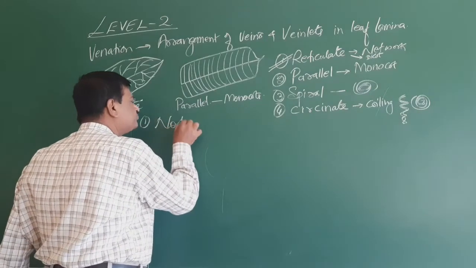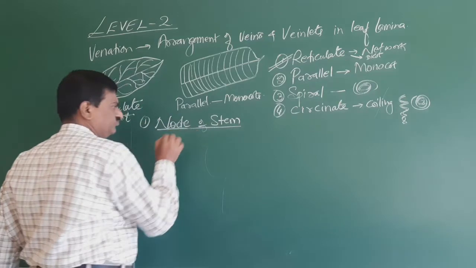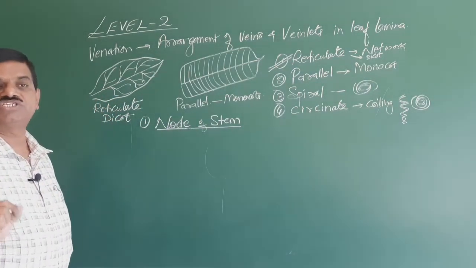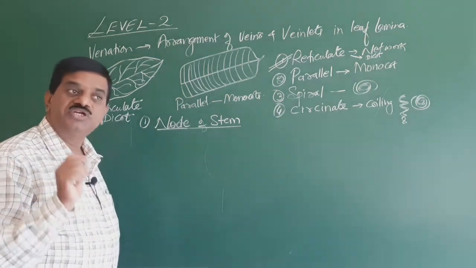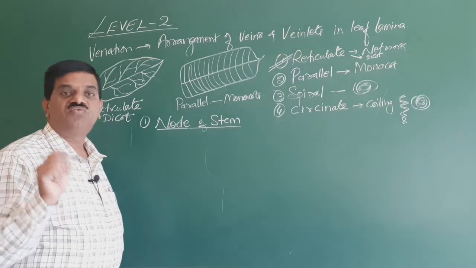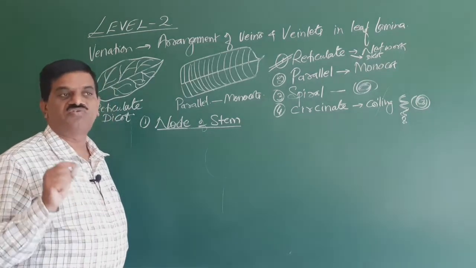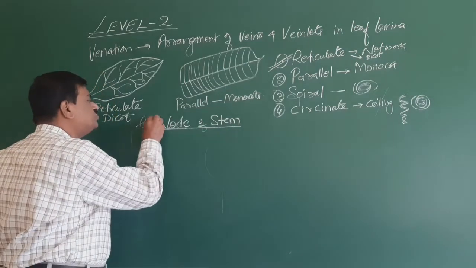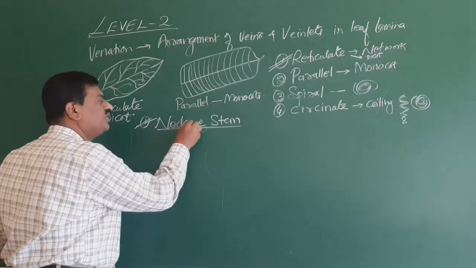We know that from the nodal region of a stem, all the leaves take their origin. The origin of a leaf is from the nodal region, because at the nodal region there is a presence of phytohormones, plant hormones, which help in the growth of a leaf. So leaves develop from nodes. So this is the right answer. It develops from the nodes of the stem.